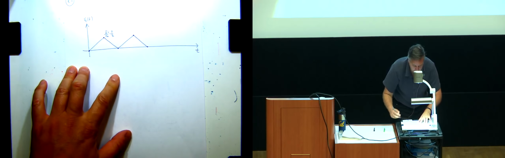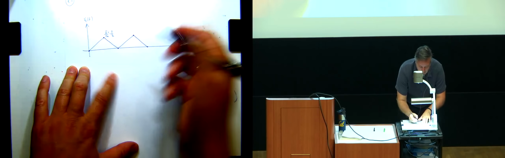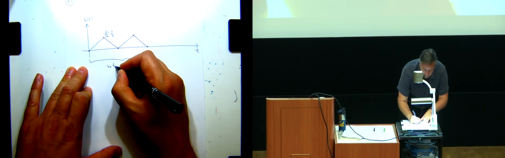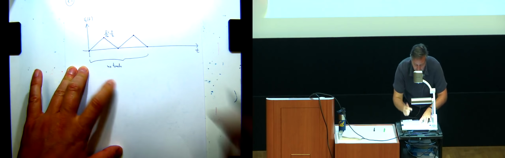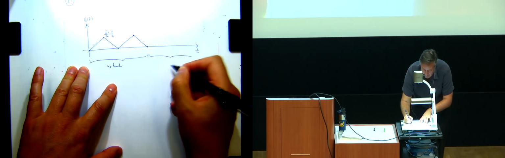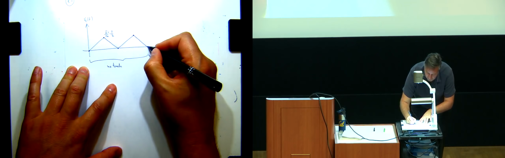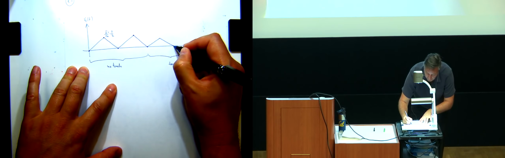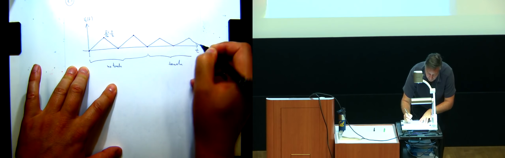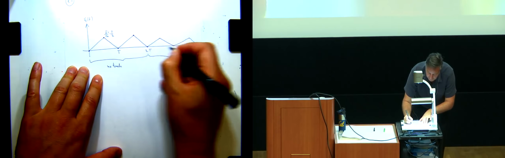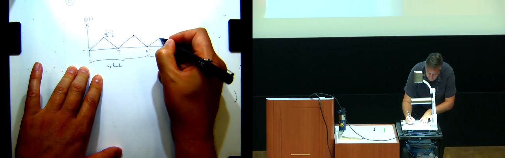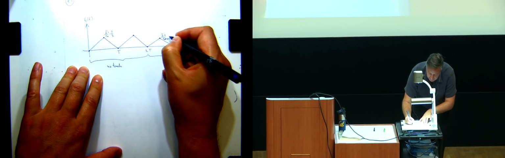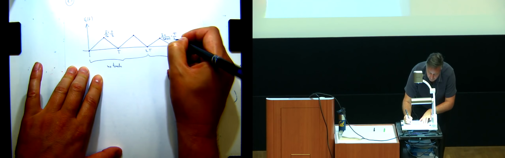Now, this period we can call no touch. Right. If the touch happens, I'm going to get a smaller value. So this is T, 2T, 3T. This value is going to be I1 over C0 plus delta C times T over 2.